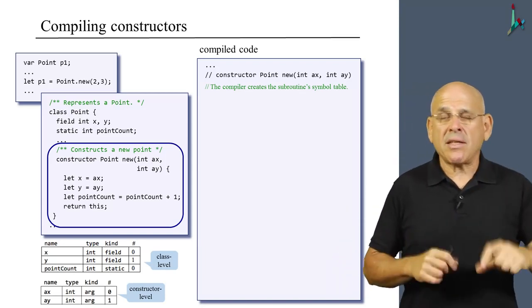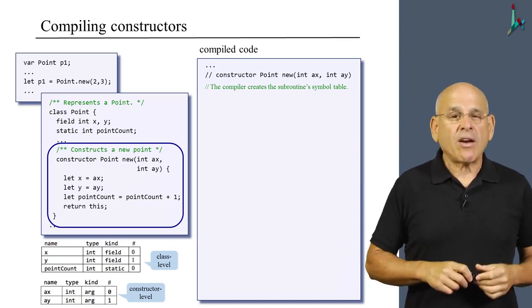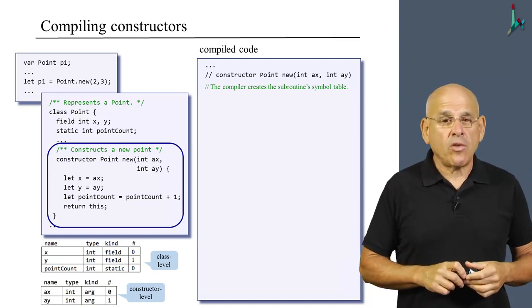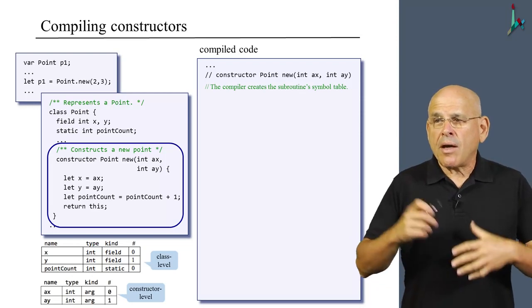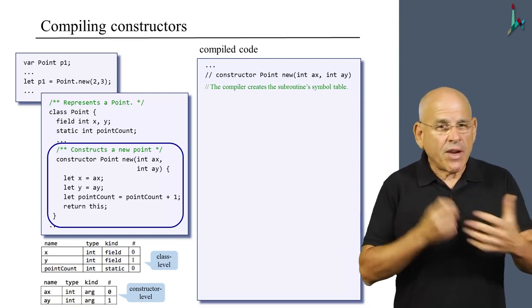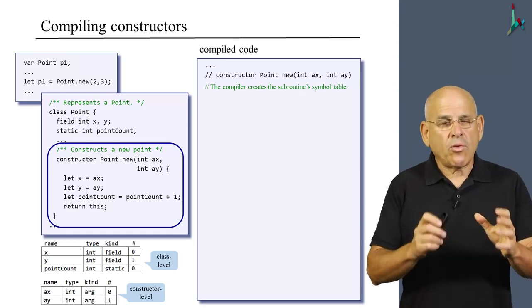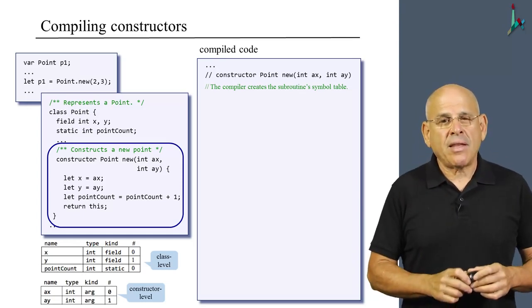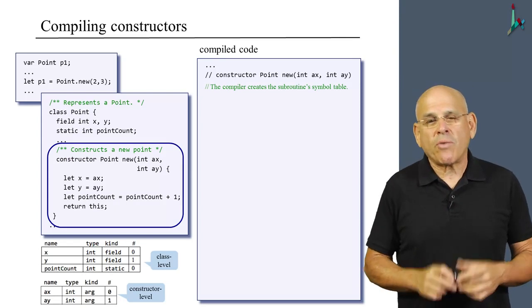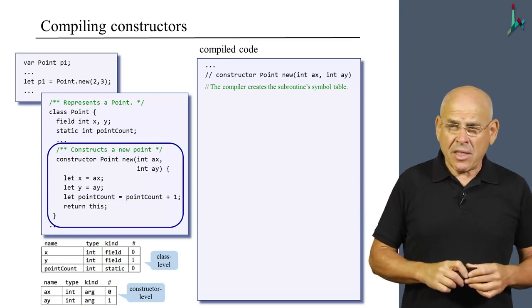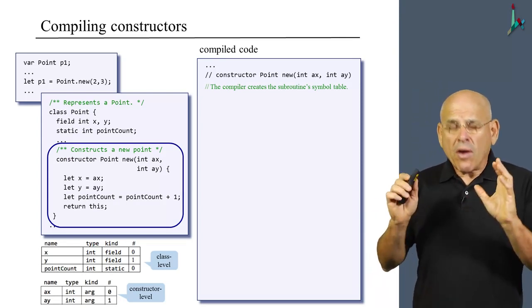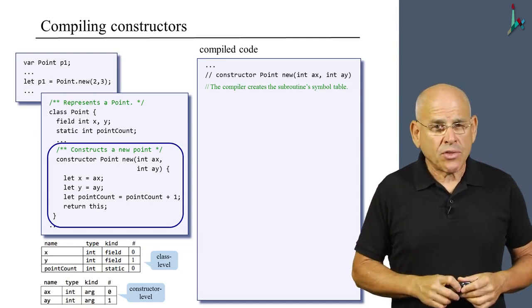No one needs it, and therefore the constructor can safely use it. Now, the implementation of alloc is very clever and elegant, and we will look into it and implement it in the last module of this course when we actually build the operating system. But for now, we're going to use it as a black box abstraction.